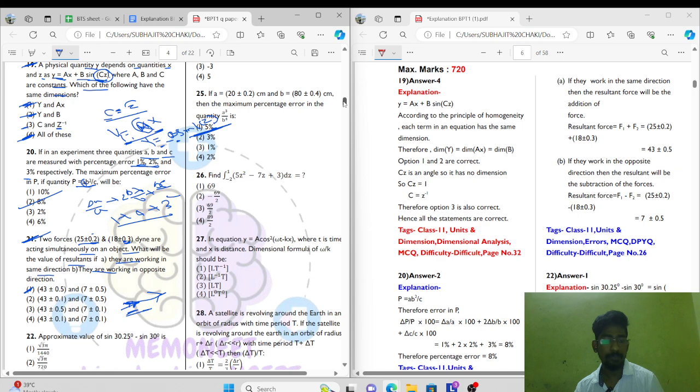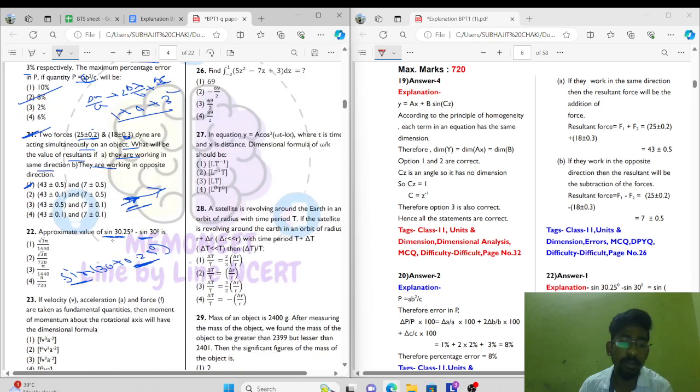This is 30.25. It will become sine of 30 plus 0.25 degree. Understand one thing: if the value of the angle is lesser than 5 or 7 degrees, or sometimes it is said 3 degrees, then the angle is a very acute angle, so sine theta will become only theta, and cos theta becomes 1, and tan theta also becomes theta.